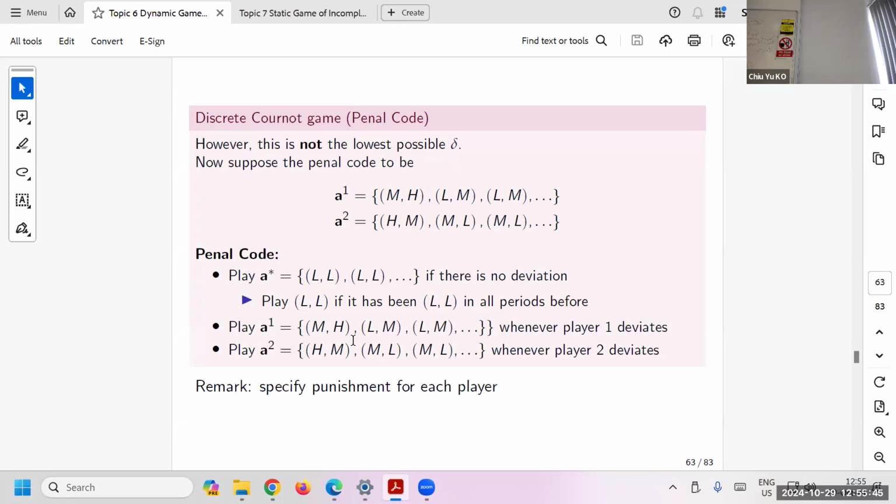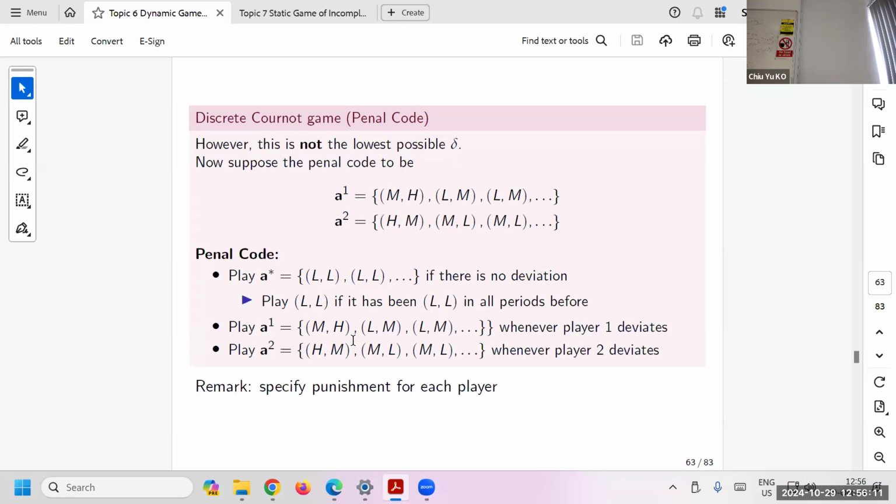If along this punishment player 2 doesn't follow, we'll go to player 2's. You don't need to worry about them deviating simultaneously, because that is not Nash. You need to check for the Nash equilibrium, right? You need to deviate. So that would be a little bit complicated, right? Because whoever deviates, we'll start his punishment. If you don't want to follow through the punishment, we'll punish you from the beginning.